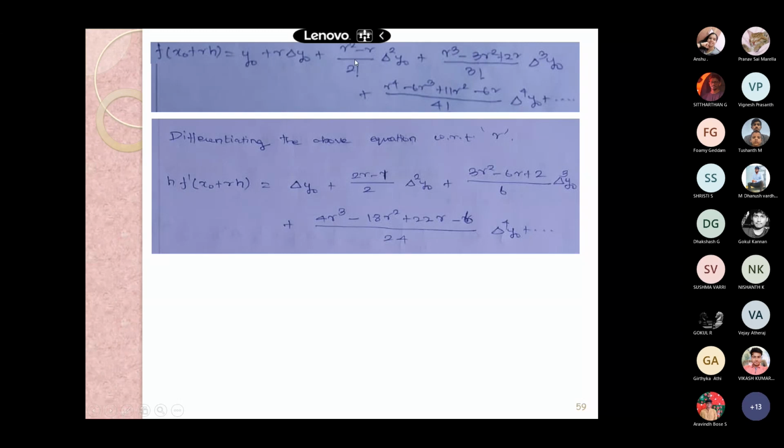We can even abbreviate the 2 factorial, 3 factorial and 4 factorial. I am getting 2 with the second difference, and here 3r square minus 6r plus 2 divided by 6 into the third difference, and here 4r cube minus 18r square, since 6 into 3 is 18r square, plus 22r minus 6 divided by 24 into the fourth difference.